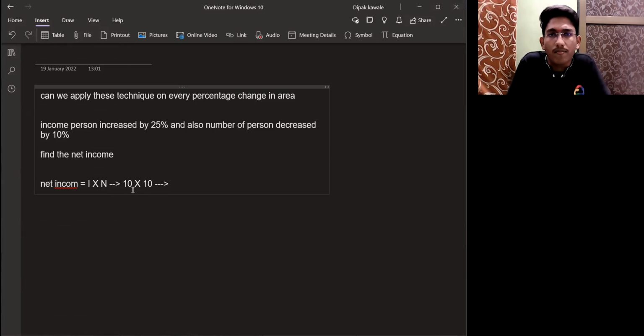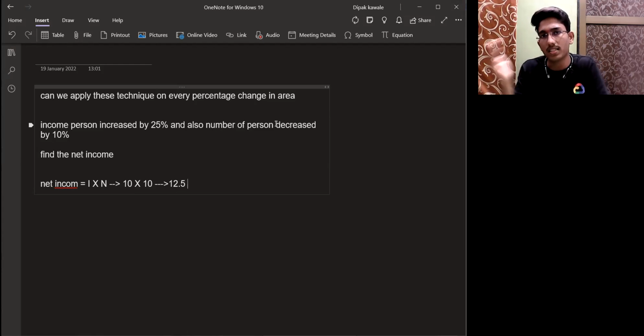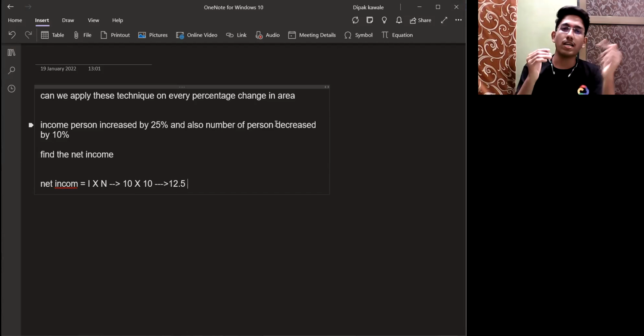It is 2.5. That means with the increase, it will become 12.5. Okay, and it is also saying that number of persons decreased by 10%. 10% of 10 is nothing but 1. As it is decreased, that means 10 minus 1 is nothing but 9.